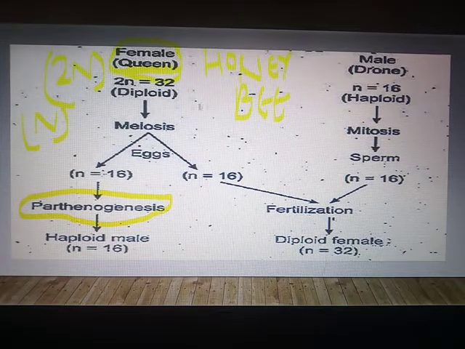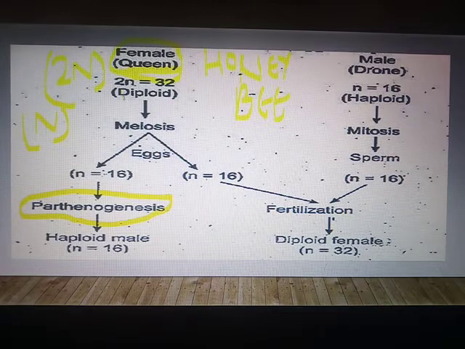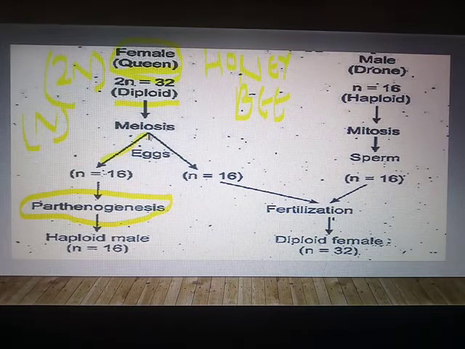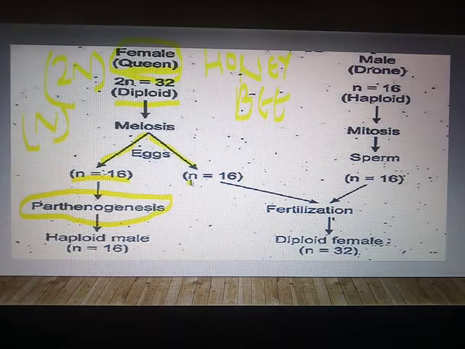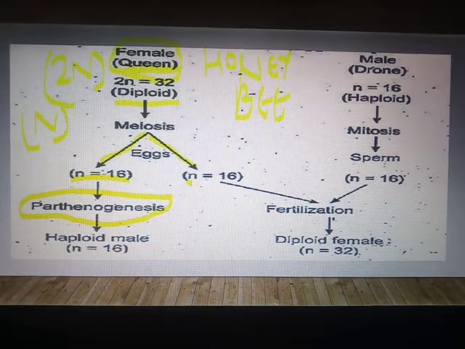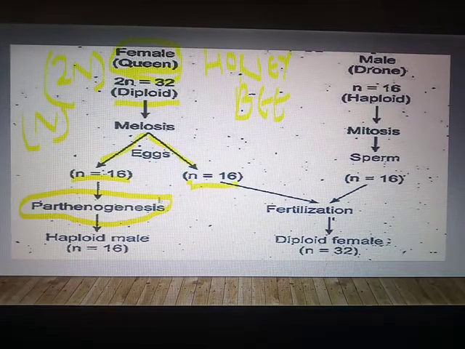Clear? Students, see in this figure, when diploid queen undergoes meiosis, it forms two gametes, N16 and N16. Clear?